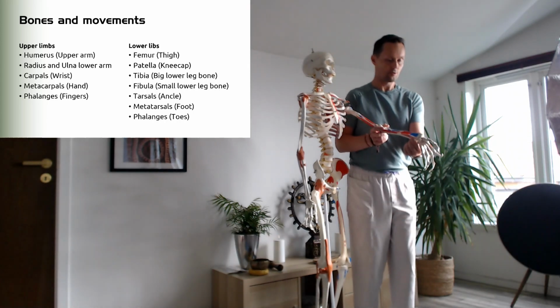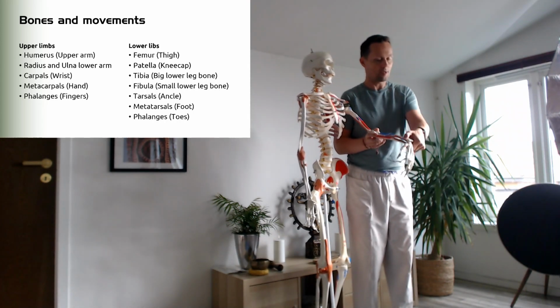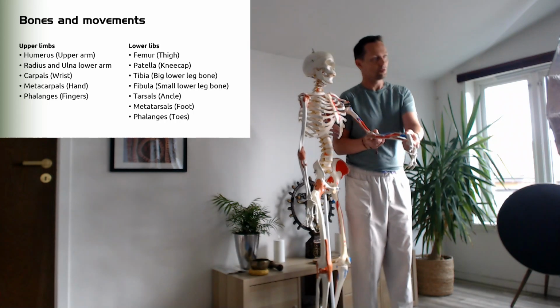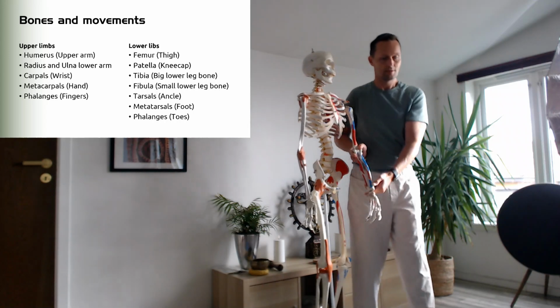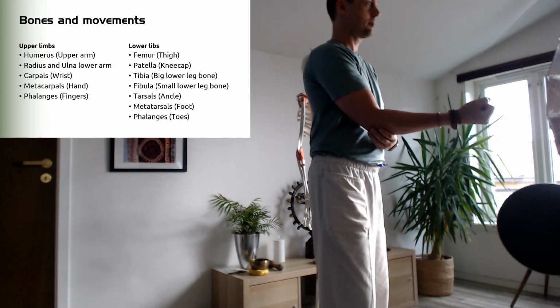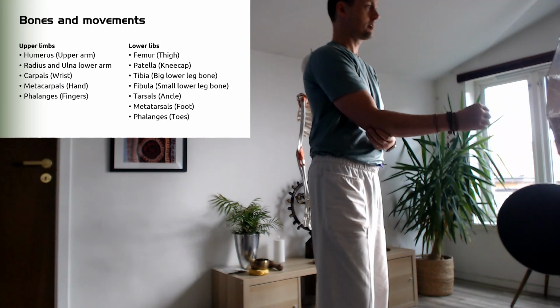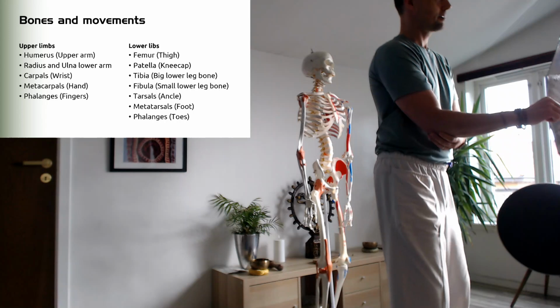So two bones in conjunction with the muscle allow you to supinate. The radius and the ulna. So that allows us to make this movement.